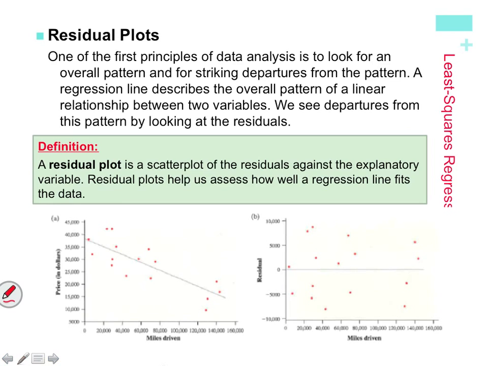Here's the scatter plot that we had of the miles driven on an F-150 and the price that it's at. Here's a residual plot over here. What a residual plot does is it takes your linear regression line and makes it horizontal, at 0.